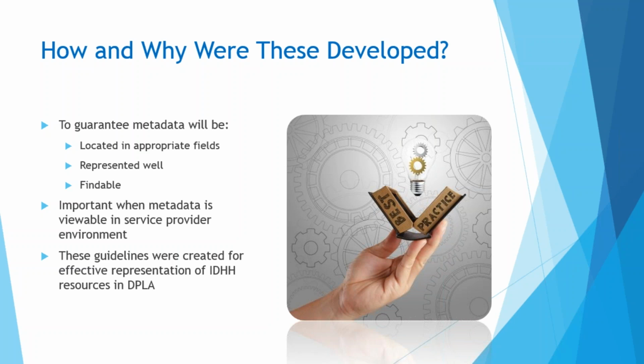This is especially important when the metadata is made available in a service provider's environment, and that includes DPLA or, in other states, they have state service hubs that are not related to DPLA, so that was another instance where that would be helpful. These guidelines were put together specifically to make the rich and unique digital resources contributed to the IDHH to be represented in DPLA in the most effective and discoverable way.